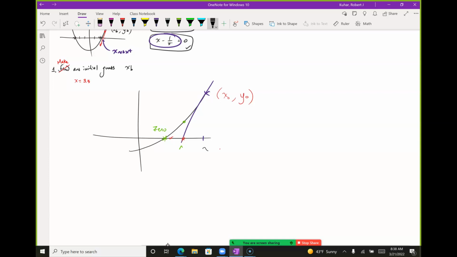So I guess an x initial, and then this point is what? Well, I'm going to call it x1, y1, because it's my next guess, right? So if I start at 0, my next one is 1. It's kind of a computer science thing. Start counting at 0. Or physics, too. We always say the null or the initial velocity, that type of thing.